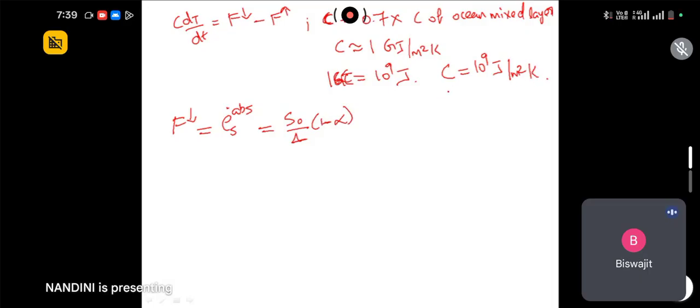Multiplying by 0.7 gives 7 into 10 raised to 8, but the change is small, so we can assume it to be 10 raised to 9.